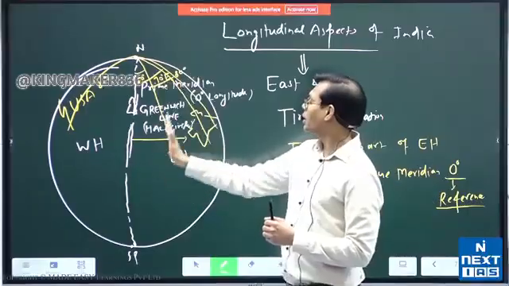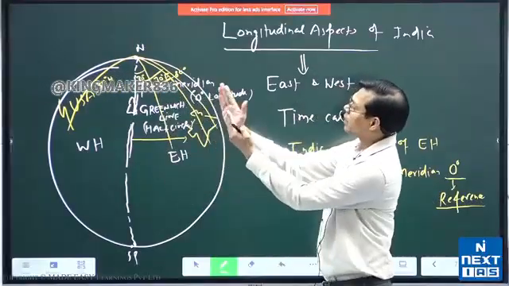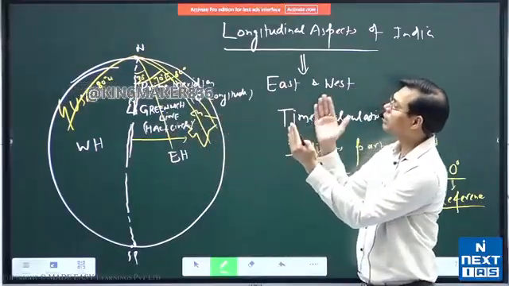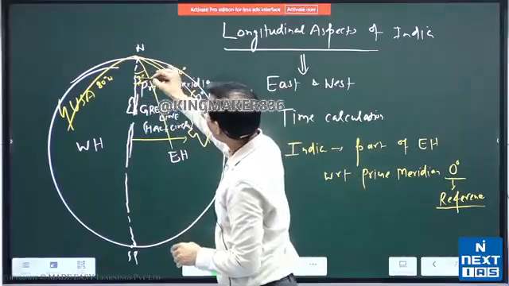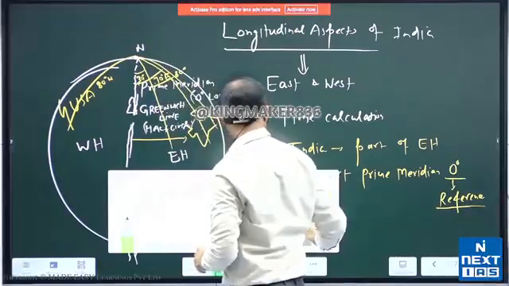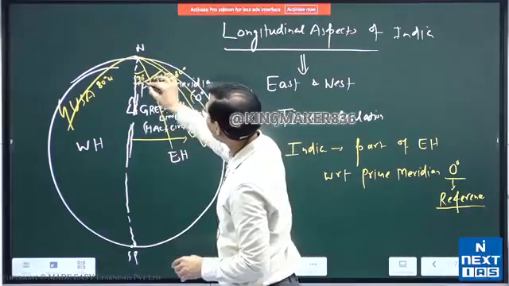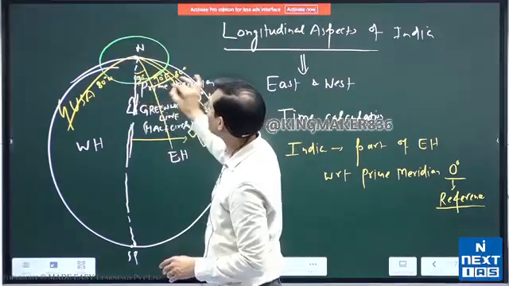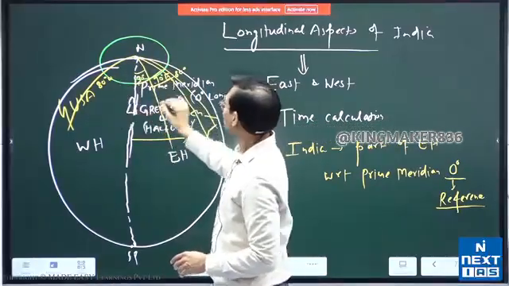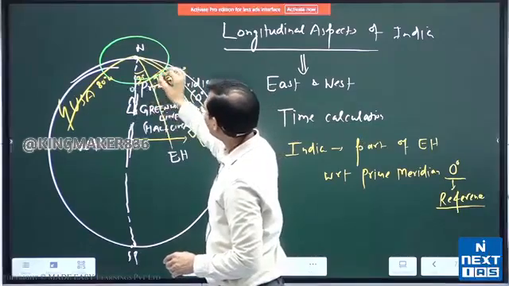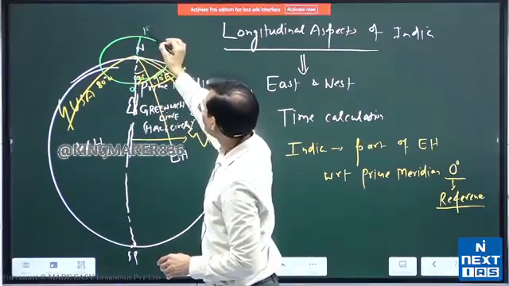In this line, if you come to this side, then we are going east, and this side we are going west. And you know that if we draw the angle all around, how much can we draw completely? 360 degree longitude. Suppose I say 0 degree longitude to which longitude? 180 degree east.